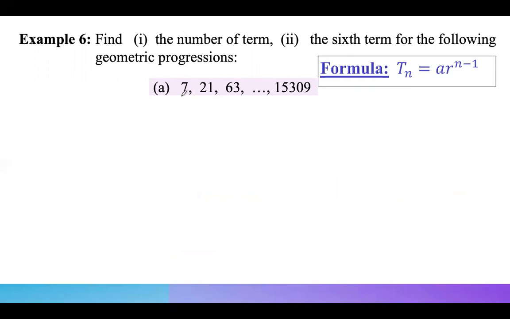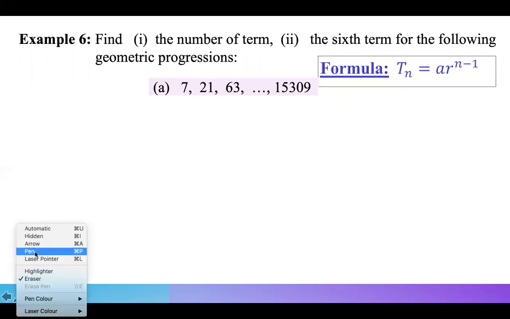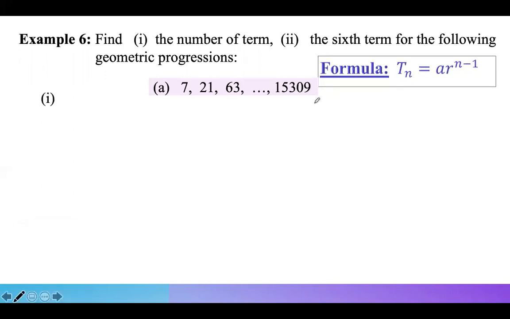Here they list down the sequence 7, 21, 63, and the last term is 15309. We apply the formula, but before that we need to find what is A and what is R. A is 7, R is 21 over 7, you get 3. So A is 7, R is 3.